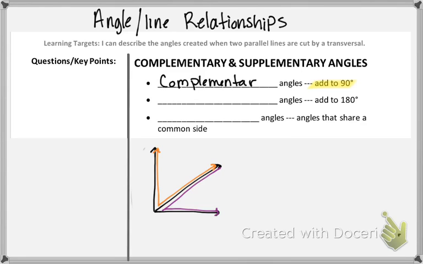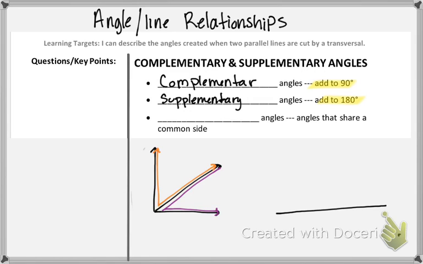Okay. The next one will be supplementary angles. Those angles add up to 180 degrees. An angle that's 180 degrees is just a straight line, just like that. To say that we have two angles, we can put an angle like that, or it can be like this.